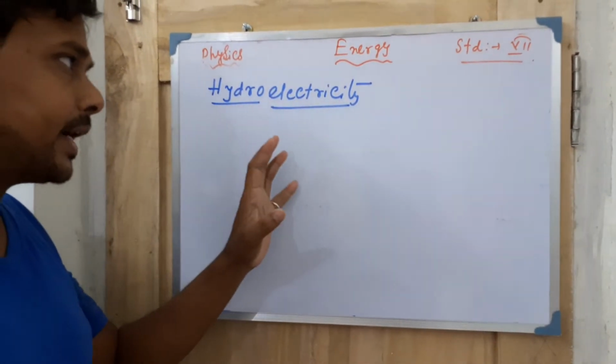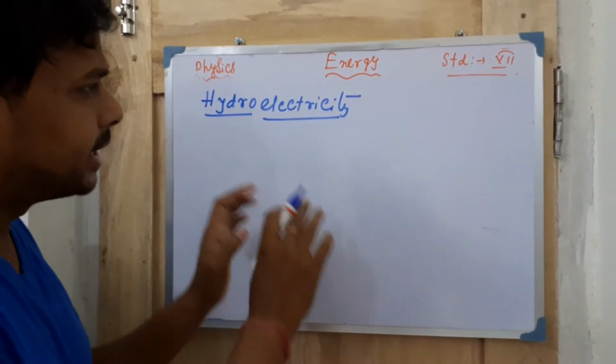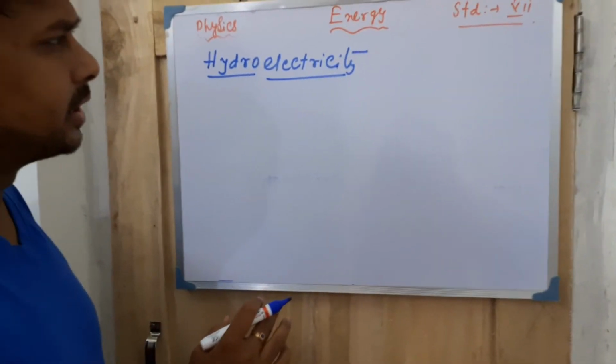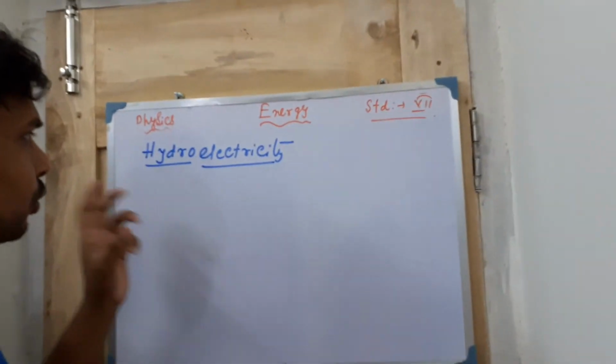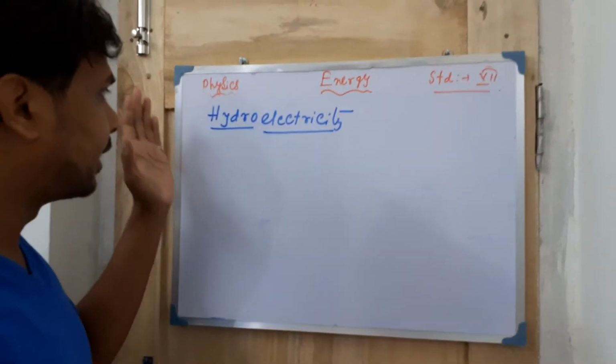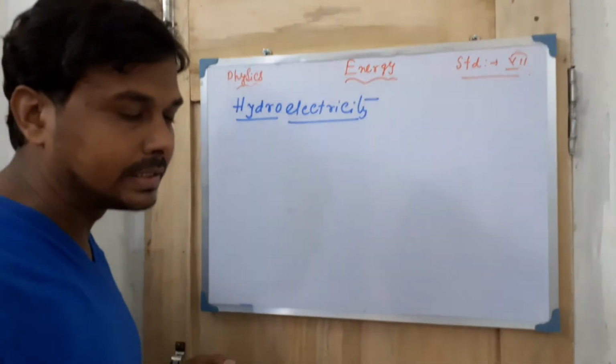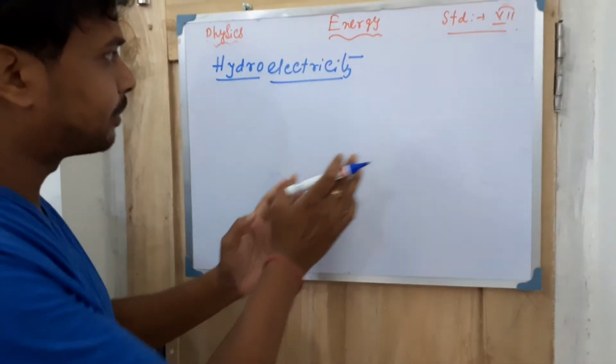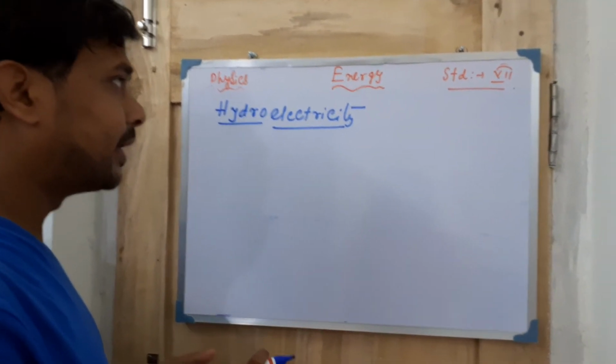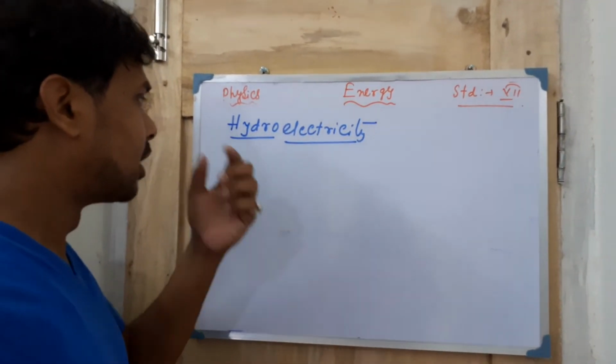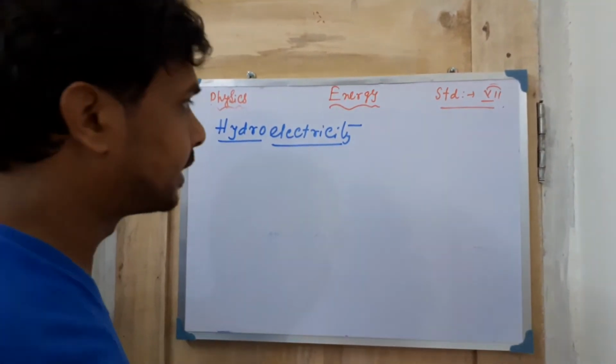So if you get any device or process through which water can be converted to electricity, or you can get electric power from it, then definitely that type of device will be known as a hydroelectric device.